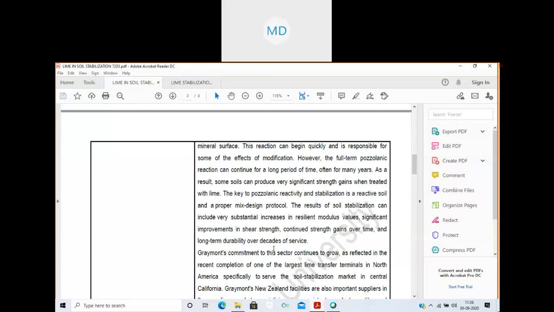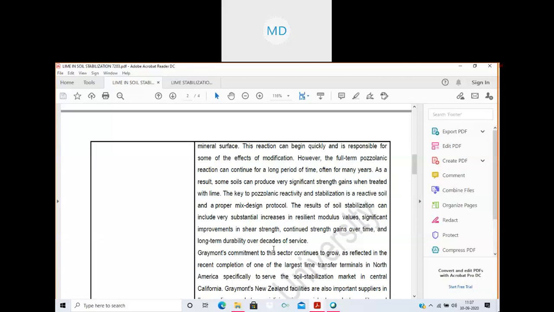So one advantage we have here is that the pozzolanic reaction continues for a very long time period. Along with the passage of time, the reaction keeps on proceeding and the strength gain of the soil keeps on increasing with time, and after a certain period it stops.